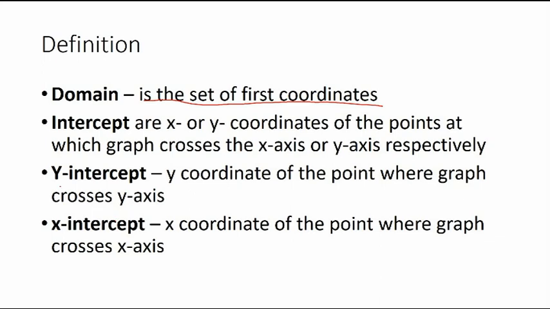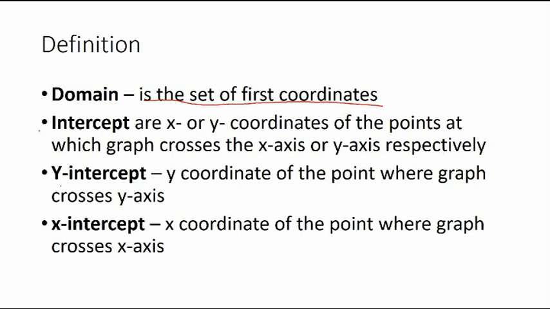Second one is you have to identify the intercept. So the intercepts are the x or y coordinates of the points at which the graph crosses the x or y axis respectively.